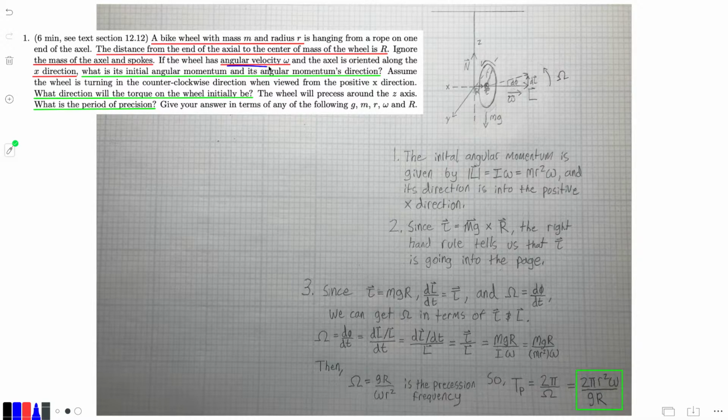We're also given that it has an angular velocity of lowercase omega here, and it is oriented along the x direction. So getting started, I think it's important to try to draw a diagram.